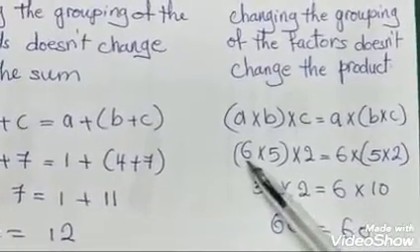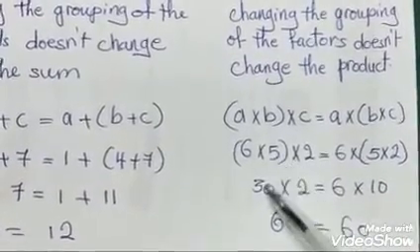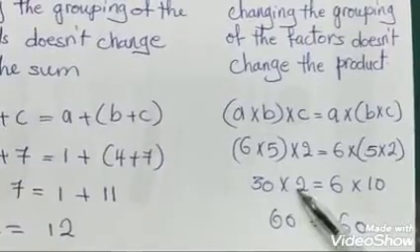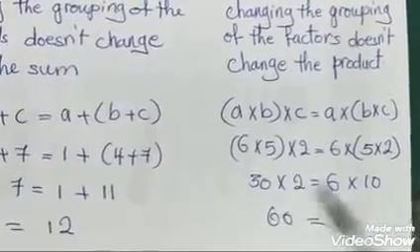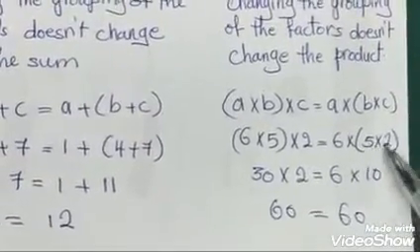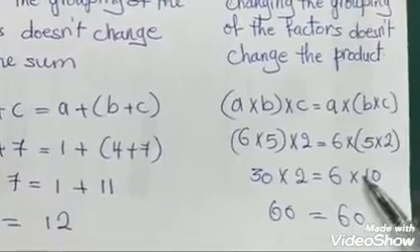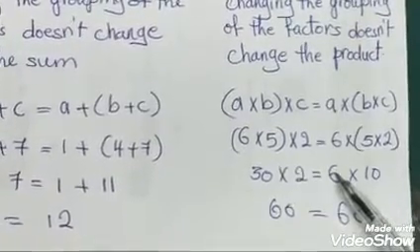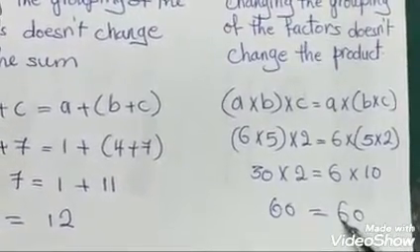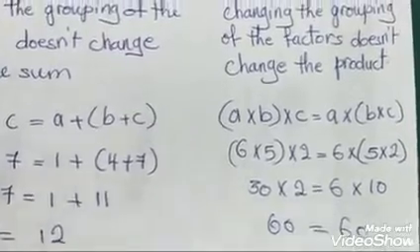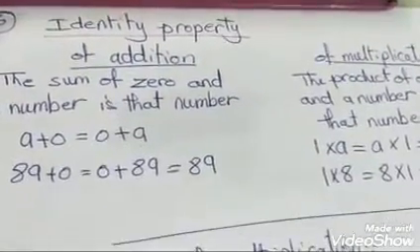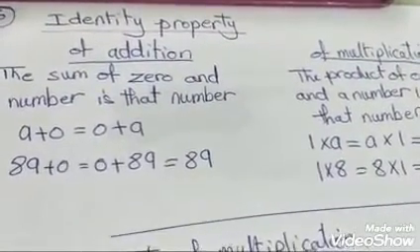If I say 6 times 5 first as 30, then multiply it by 2, it will be 60. Or if I multiply 5 by 2 as 10, then times it by 6, it will be 60. Nothing changes.